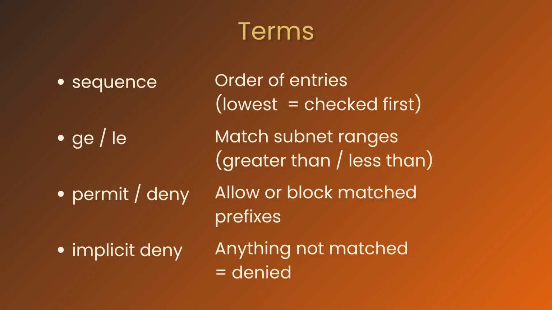The network you want to match and how specific the mask must be. GE, greater than or equal to this mask. LE, less than or equal to this mask. And finally, implicit deny. Anything not matched by your permit statements is automatically denied. Knowing these terms makes the whole topic much easier.